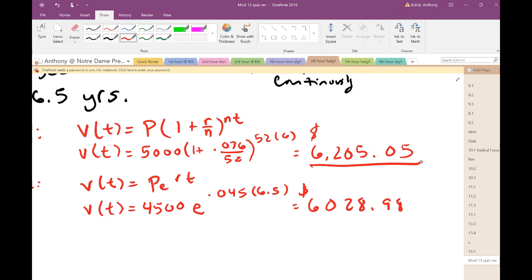So here in the beginning, the P was better for option 1, the R was better in option 2, the T was better in option 2, and the N was better in option 2. But it was still option 1 that was the better one because the P was significantly better in option 1. So it's really hard to tell just by looking at those values which one would be better.